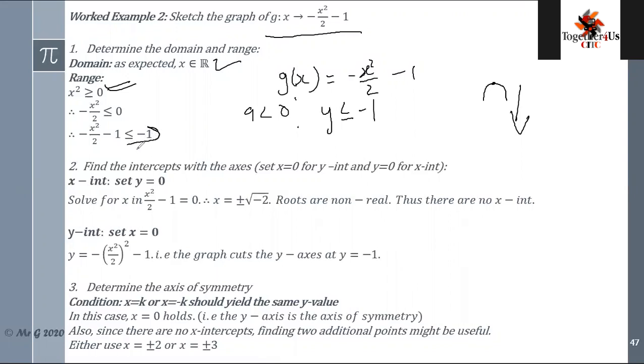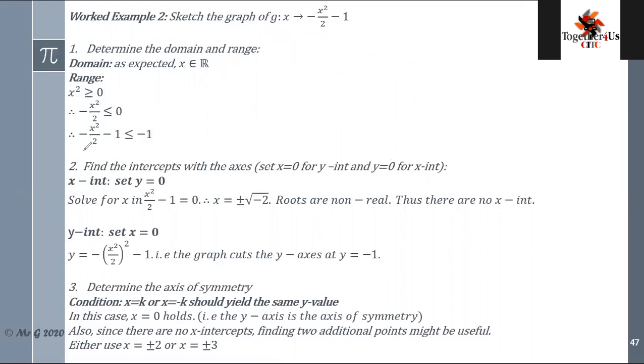And so we can now start to have a clear picture. When you draw your Cartesian plane, you don't really have to bother much. You can't have more space for the positive y-axis because you're not going to get to any positive y value when you sketch this. You're actually going to end somewhere here at negative 1. So, as I said, determining the domain and range first informs your scaling.